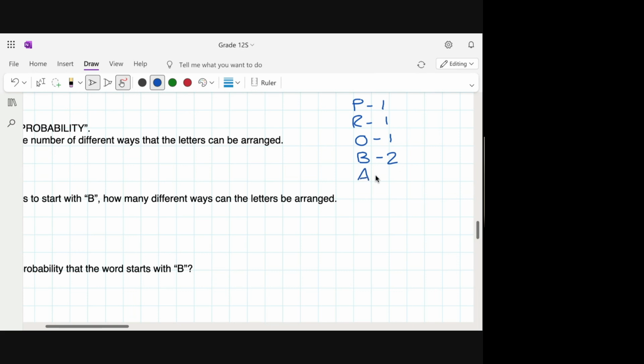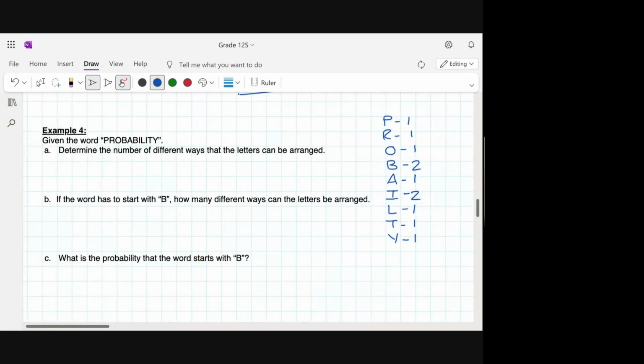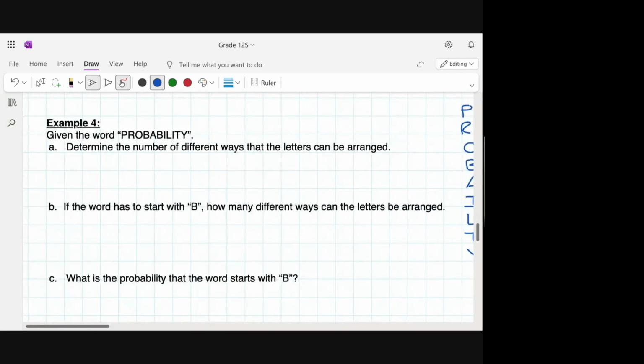The letter A, one. The letter I, I've got two of those again. The letter L, one. T, I've got one. And Y, I've got one. Now, altogether, yes, there are 11 letters in the word probability.